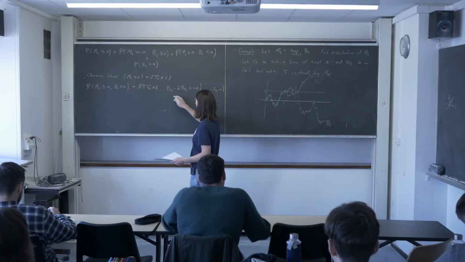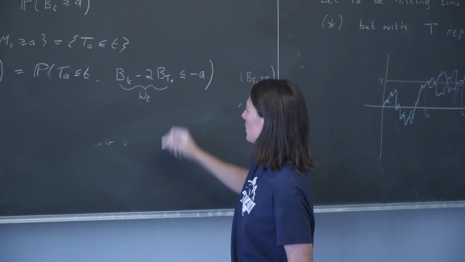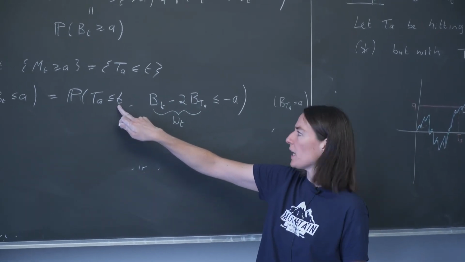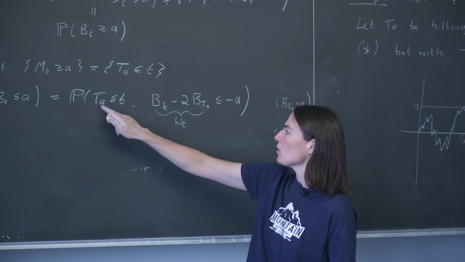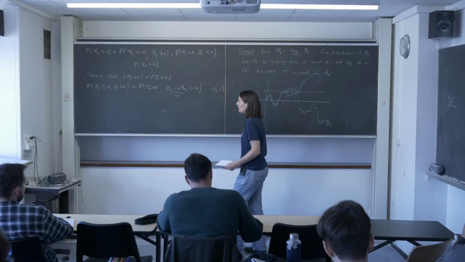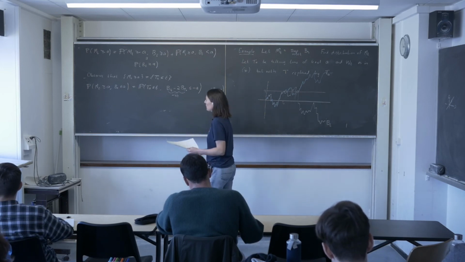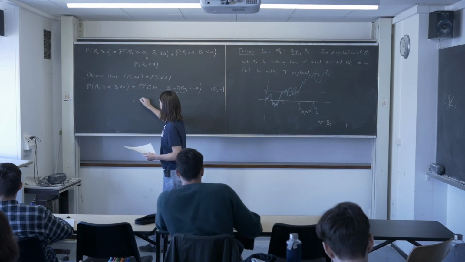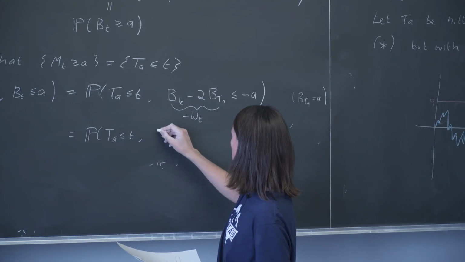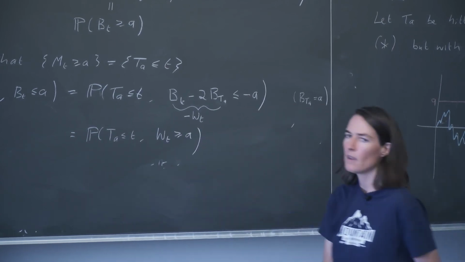But what is this? Well, this was exactly the way I defined W_t, because I'm in the situation where t is bigger than T_a. Remember, W_t depended on whether this happened or not. In the situation where t was bigger than T_a, this is exactly W_t. And so this is equal to the probability that T_a is less than or equal to t and W_t is greater than or equal to a.